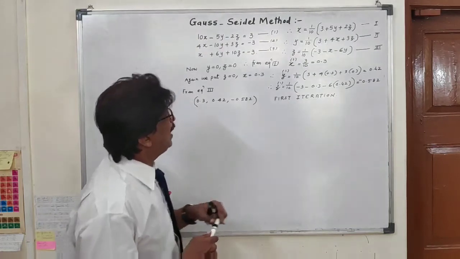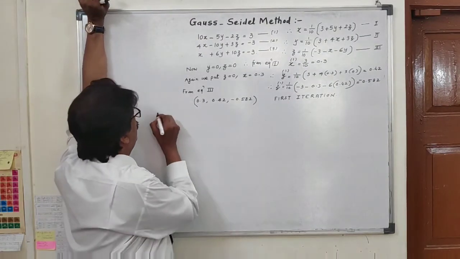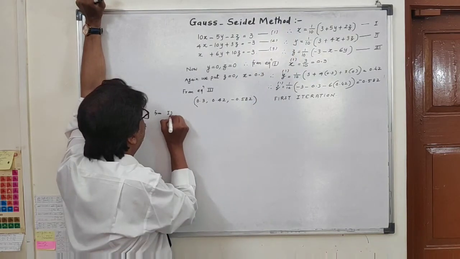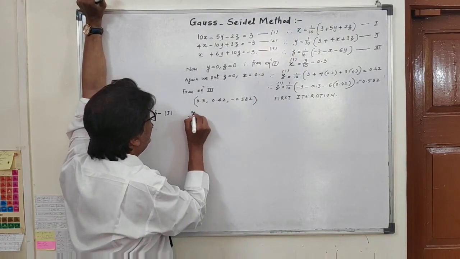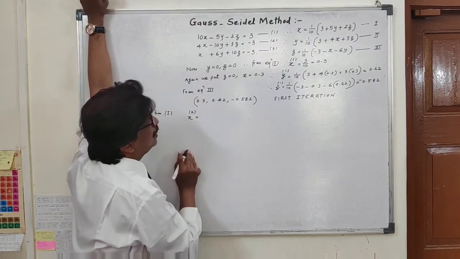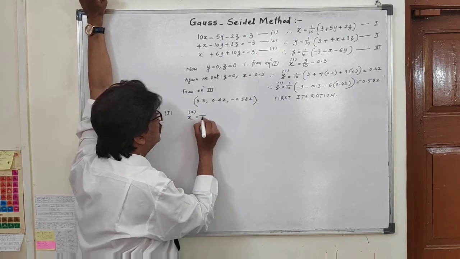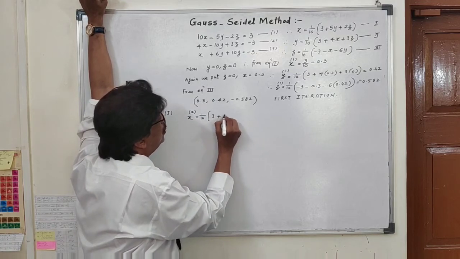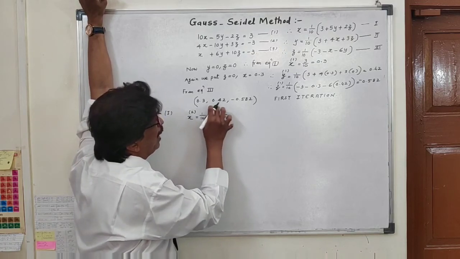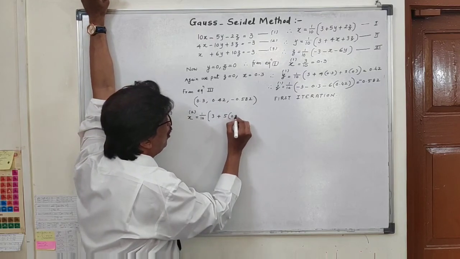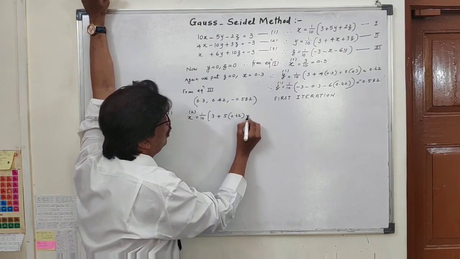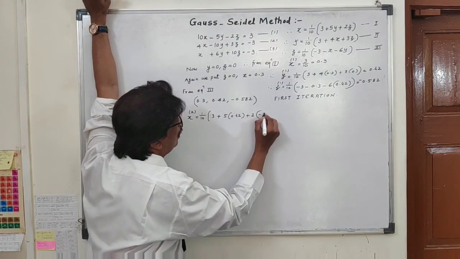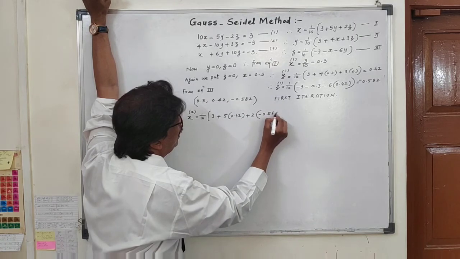Now the second set, x2, from the above equation, Roman 1. The second iterated value of x is 1 by 10 times 3 plus 5 times the most recent value of y, which is 0.42, plus 2z, 2 times minus 0.582.